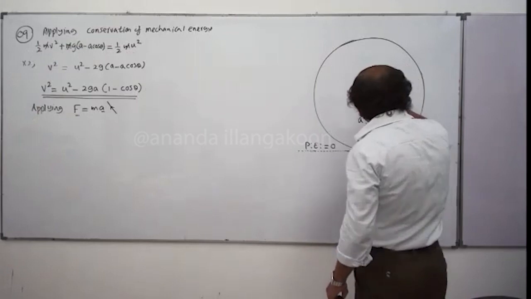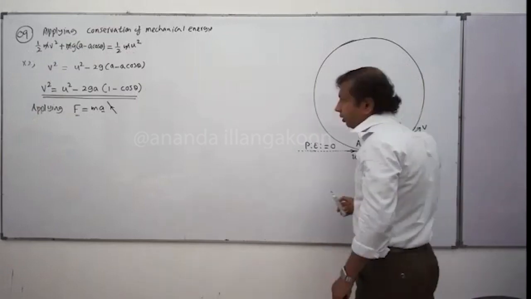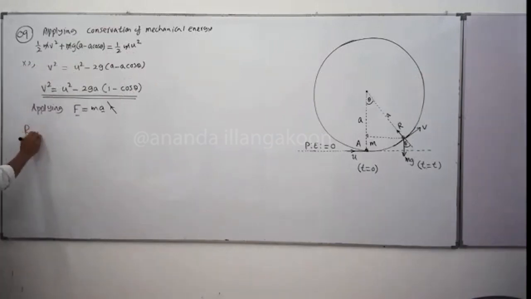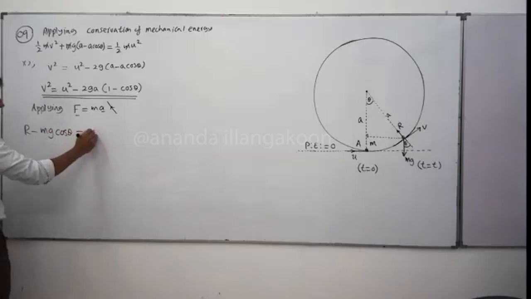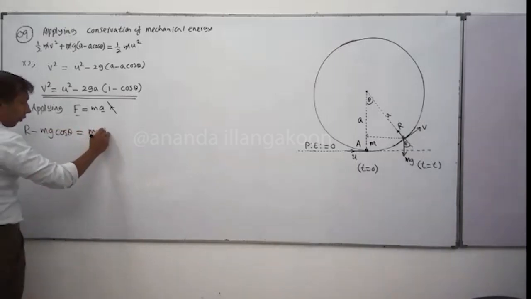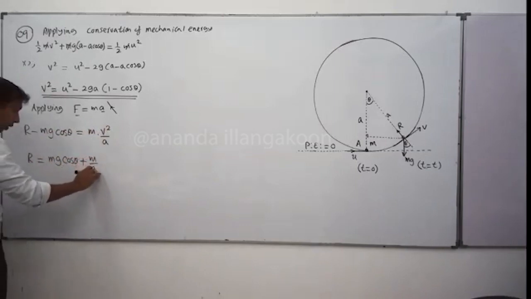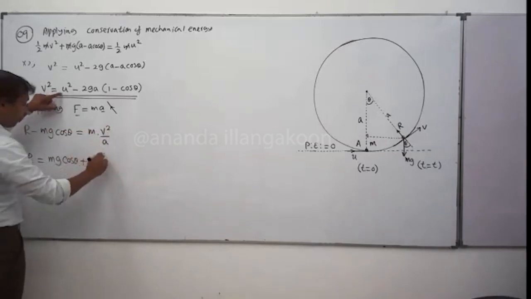In this direction, R minus mg cos theta is equal to m times the centripetal acceleration, which is v squared divided by the radius a. Then R is equal to, taking the right hand side, mg cos theta plus m upon a times v squared, which is this.